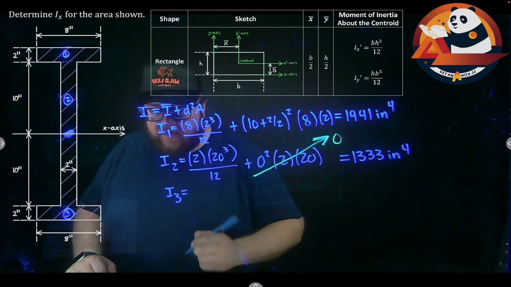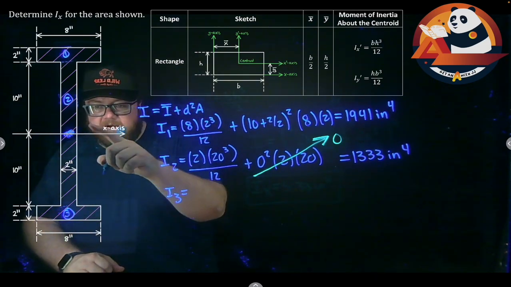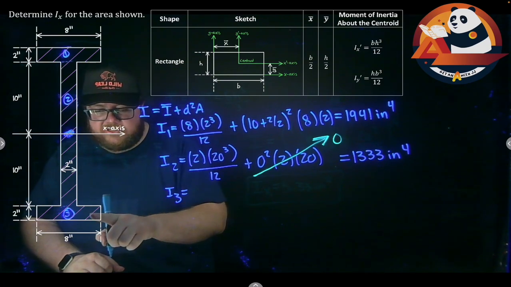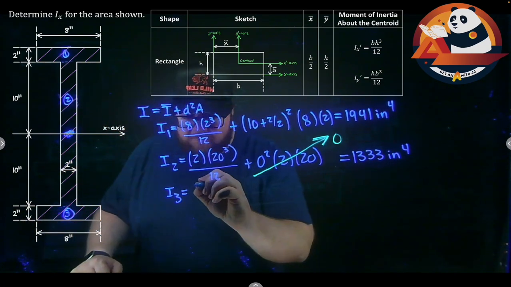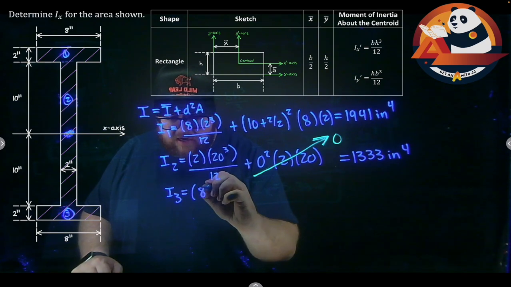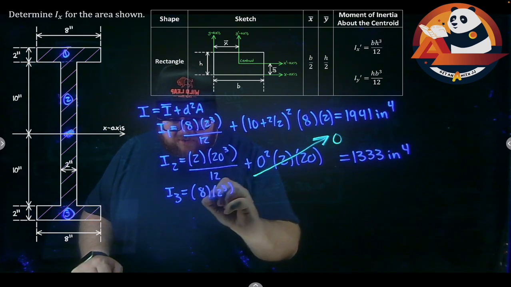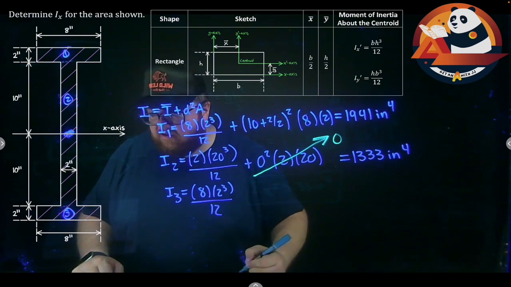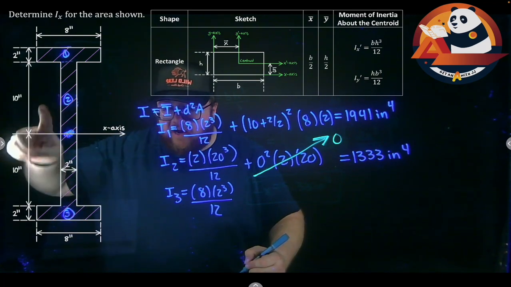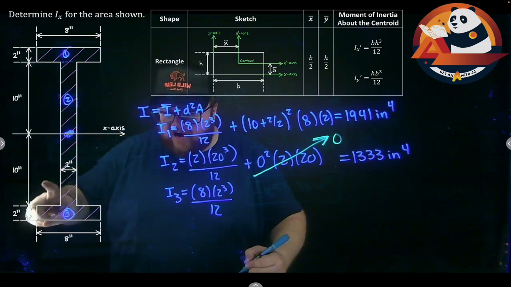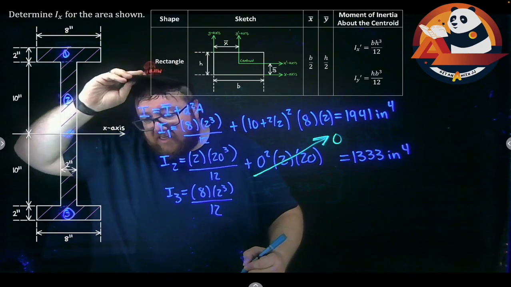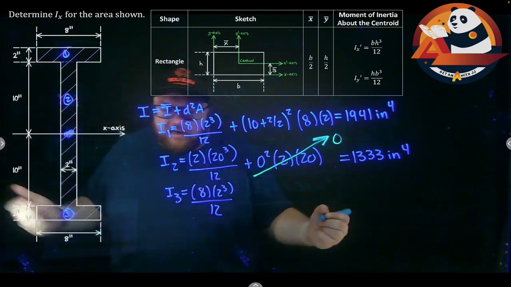I3, our moment of inertia about our x-axis, is our moment of inertia about the centroid of shape 3, base times height cubed, 8 times 2 cubed over 12. For shape 1, I went up 11 inches. Here I'm going down 11 inches. That direction makes 0 difference in my work, though, because I end up squaring it.